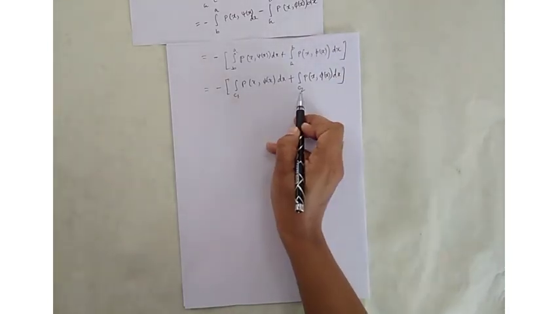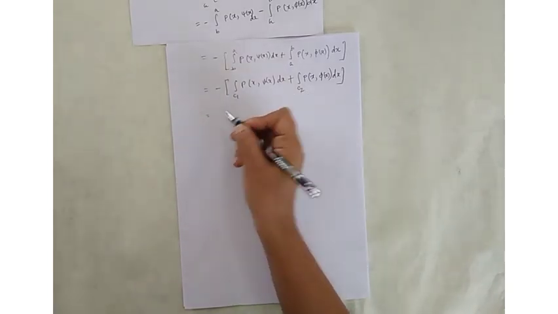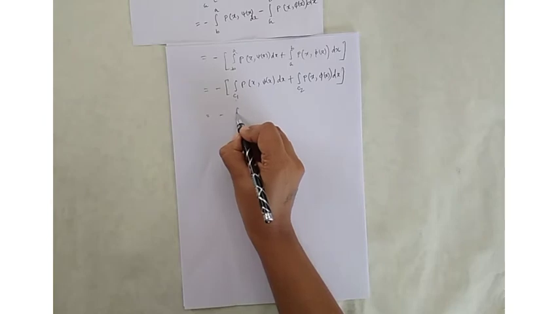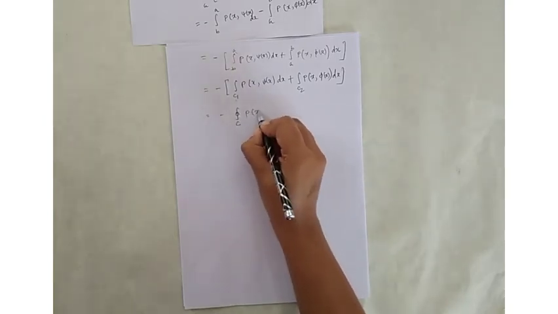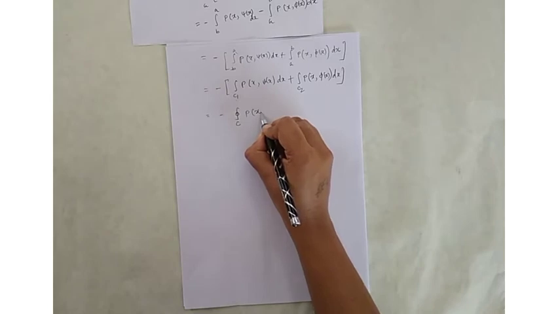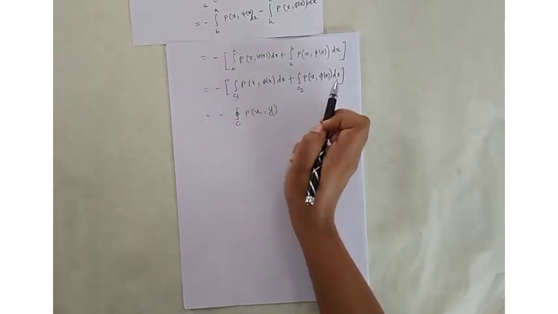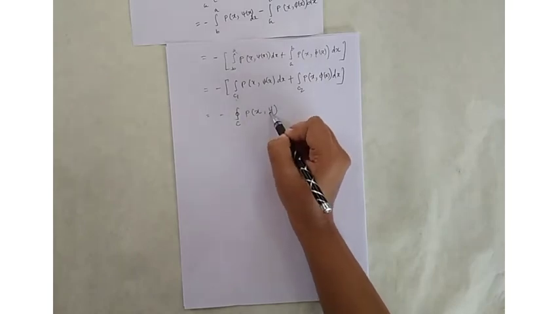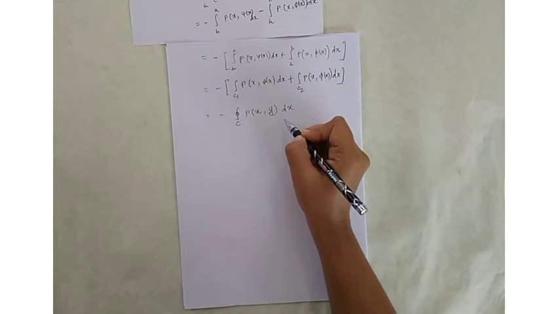These two curves combine to give the closed smooth curve C, with the function P(x, y) dx.